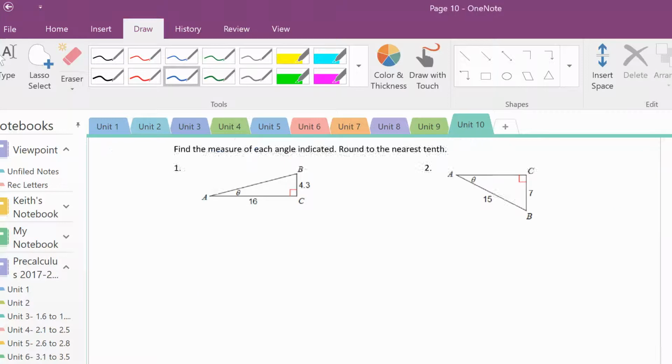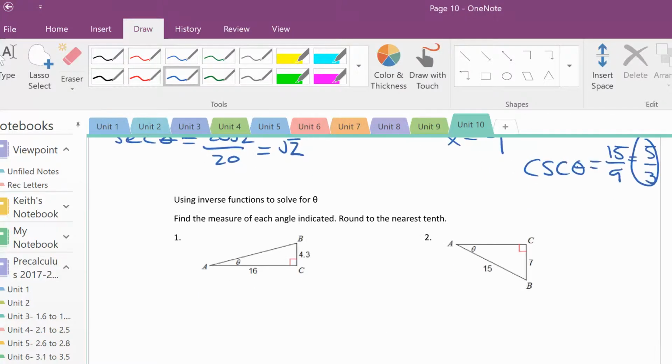Whenever you're finding an angle, here, you set up the equation, so you know the opposite and adjacent, so you go tan theta equals 4.3 over 16. But remember from our word problems, to find the angle, we use the inverse button on our calculator. So we do tangent inverse.